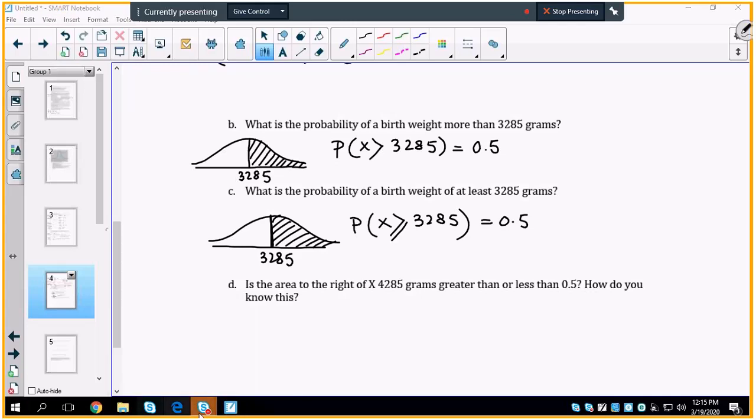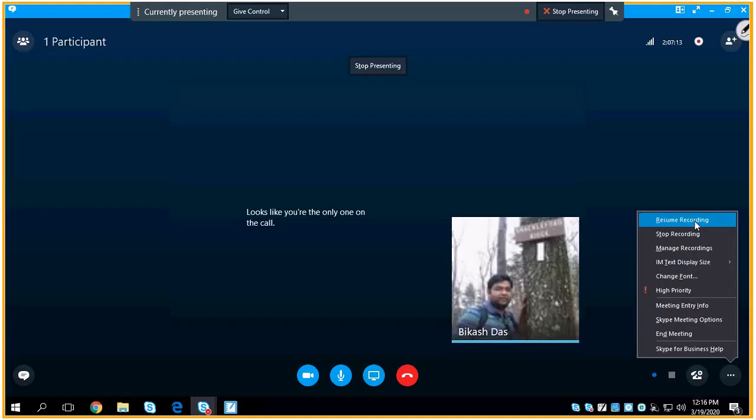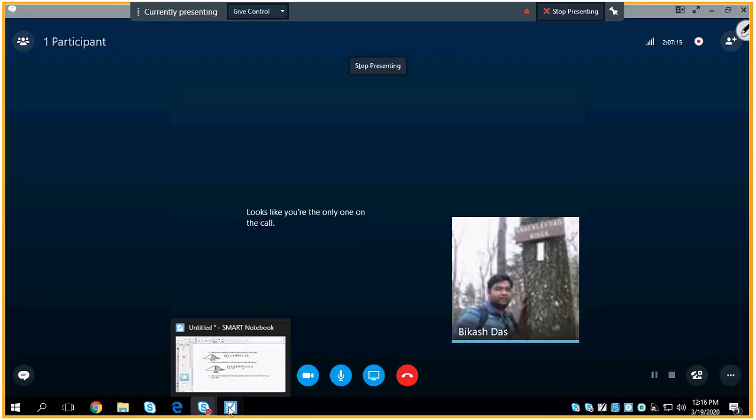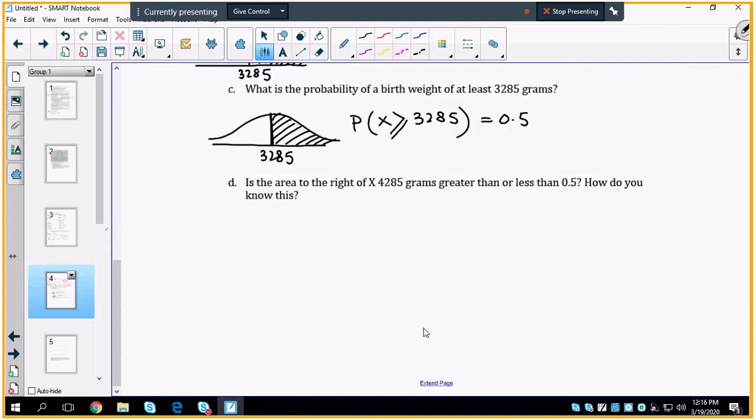So we're going to go ahead and start answering our next question. Let's start answering questions from the fourth one. Is the area to the right of the X value 4285 grams greater than or less than 0.5? How do you know this? What we will do for this one, as we have done for the other problems, is first draw the required area and shade it.